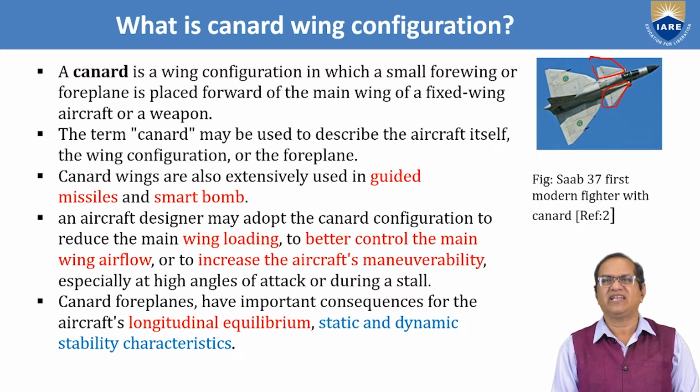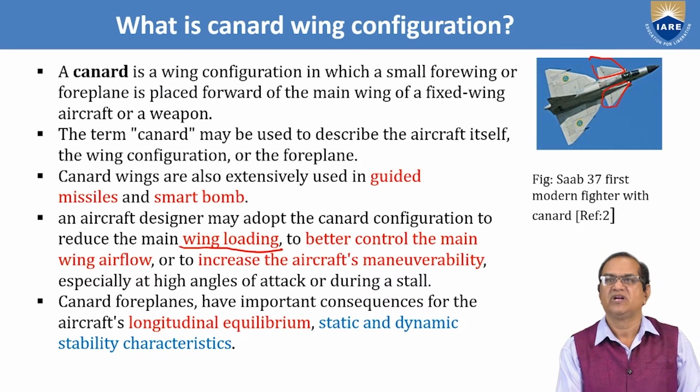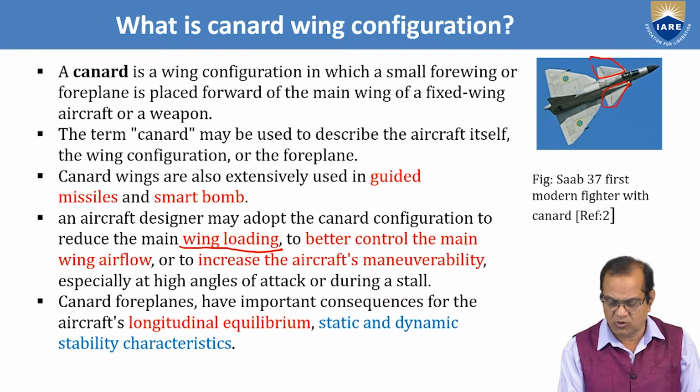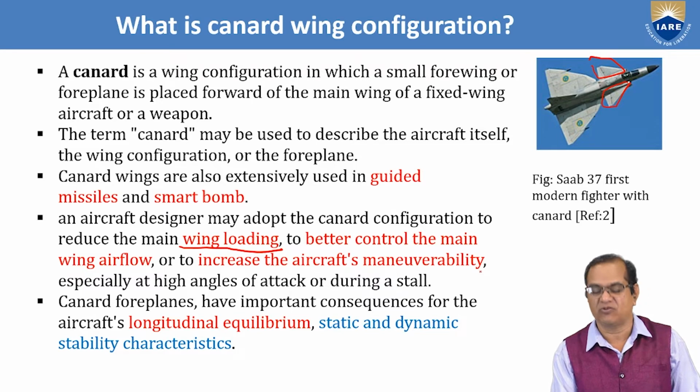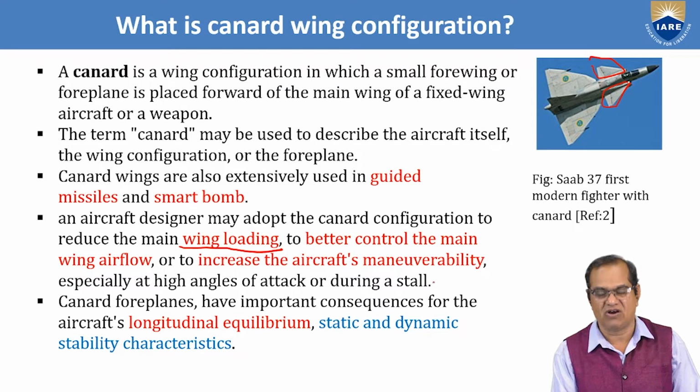An aircraft designer may adopt the canard configuration to reduce the main wing loading, to better control the main wing airflow, or to increase aircraft maneuverability, especially at high angle of attack or during a stall.